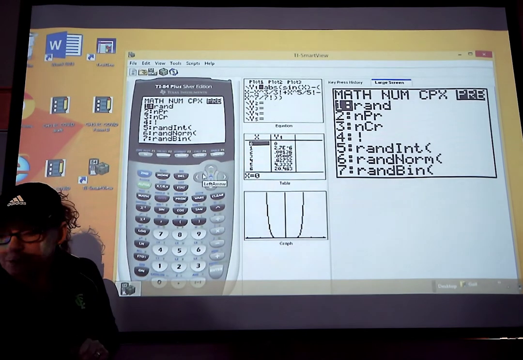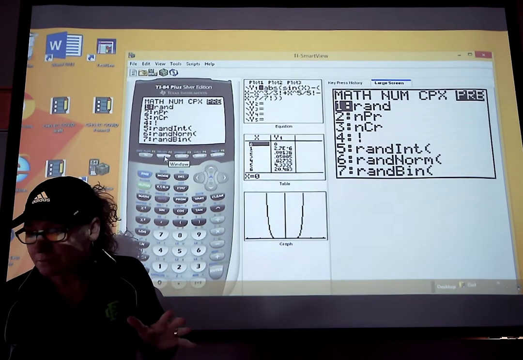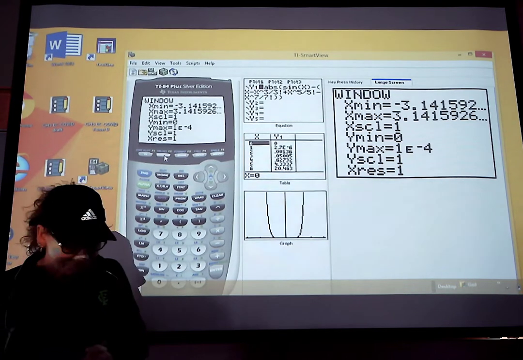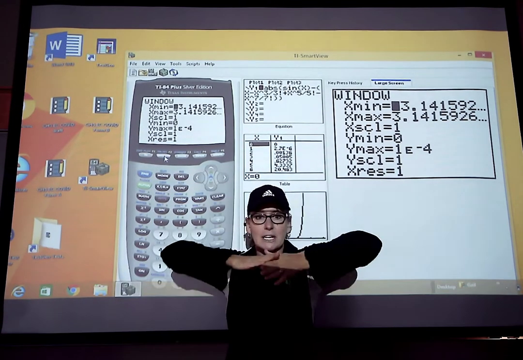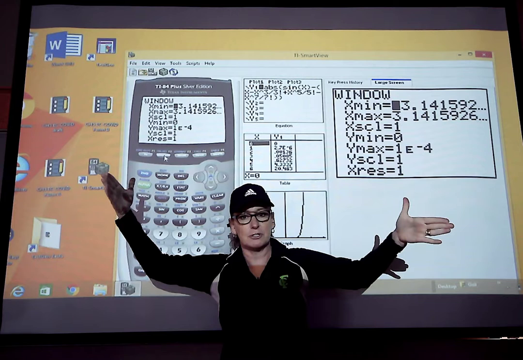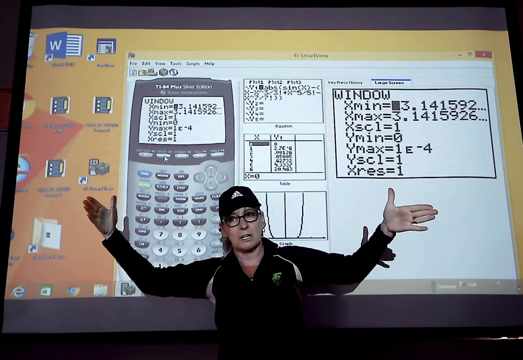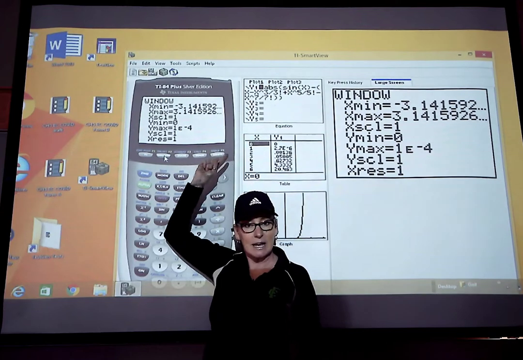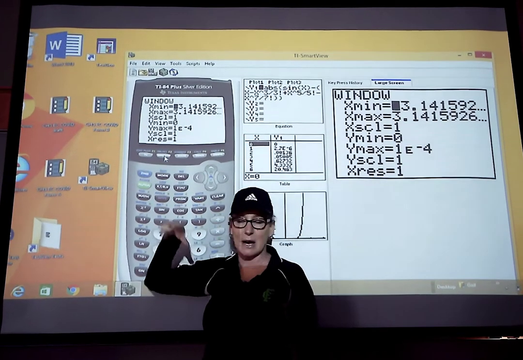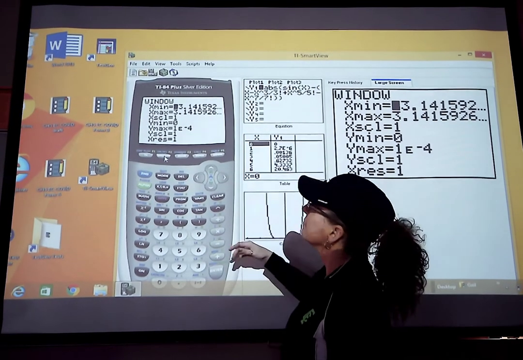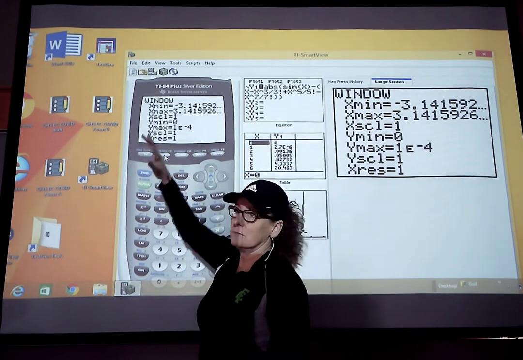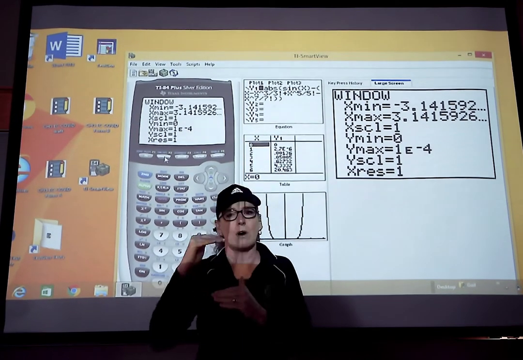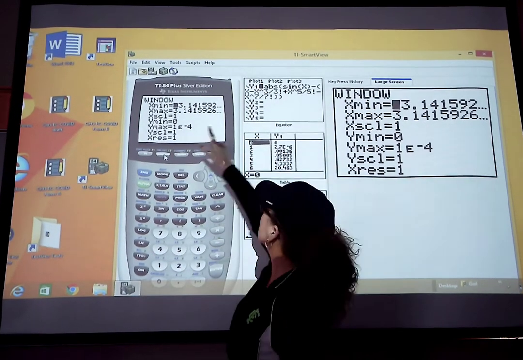All right, so when we type those in, also, I set my window. So remember I said we're only going out in each direction from 0 to negative pi and positive pi. So I set my x min at negative pi and my x max at positive pi. I don't care what we're counting by. Y min. What is y? Well, y, we just typed it in.